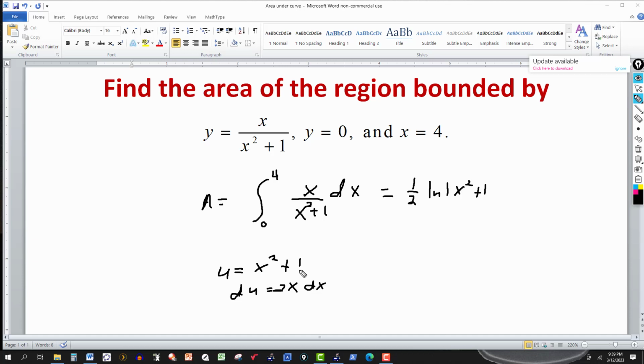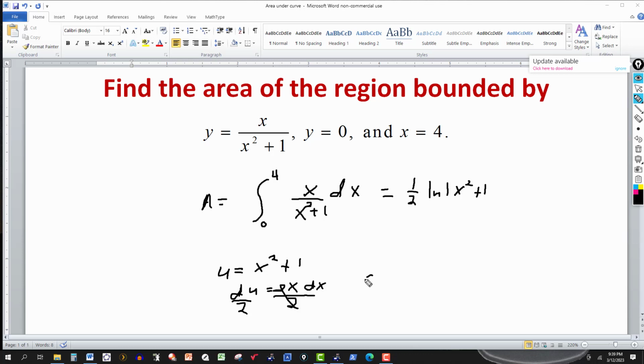Derivative of the constant is 0. So of course divided here by 2. So we can replace the x dx by du over 2.